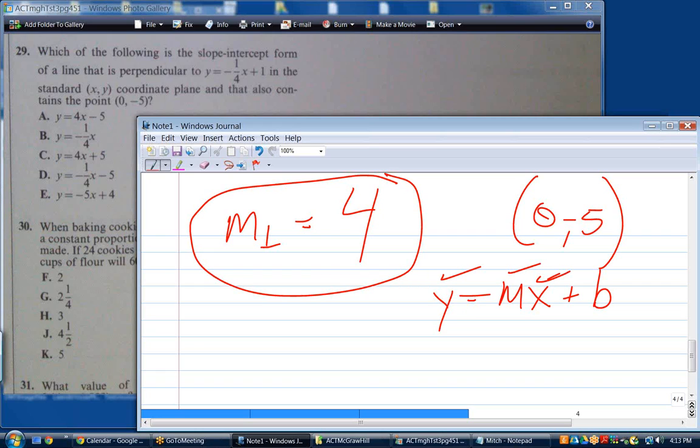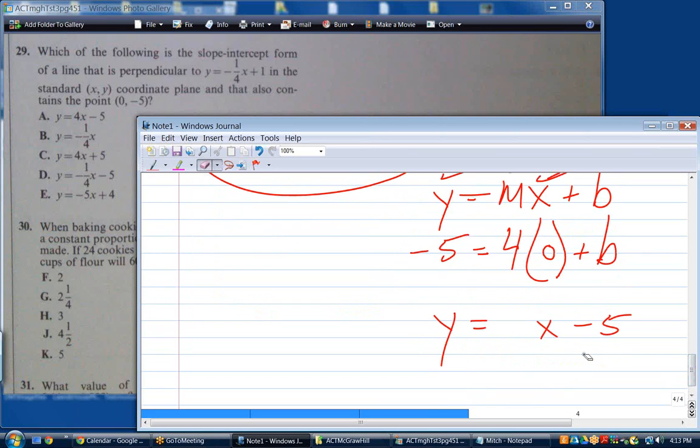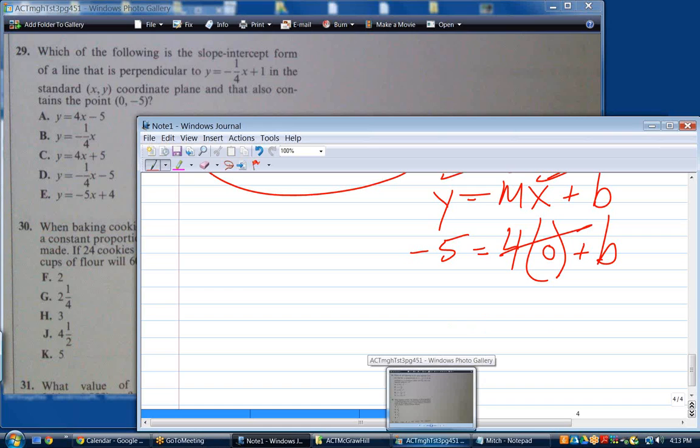I can solve for b. So if I fill in the y as minus 5, and I fill in the m as 4, the x as 0, that allows me to solve for b. Notice that b is equal to minus 5.